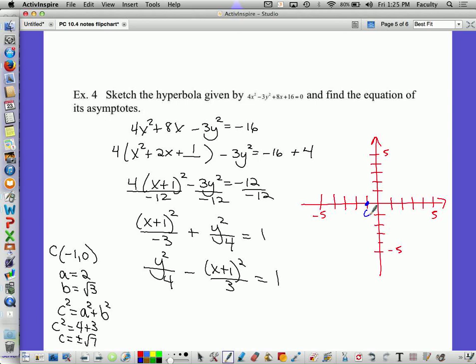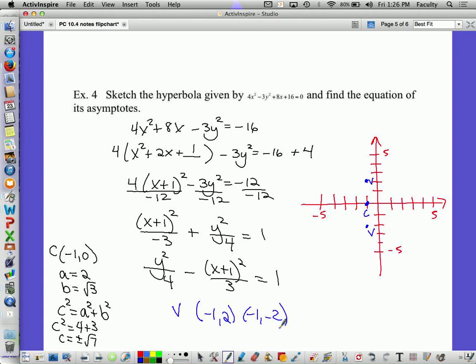Now, is this one horizontal or vertical transverse axis? Vertical. How do you know that, Adam? Because the y squared was first. Good. The y squared came first, so y is vertical. So I'm going to use A. A is 2, and I'm going to go from the center up 2 units, and then go down 2 units. So I have vertices at negative 1, 2, and negative 1, negative 2.